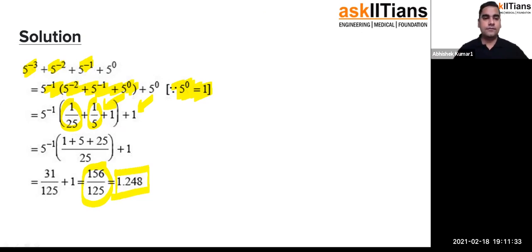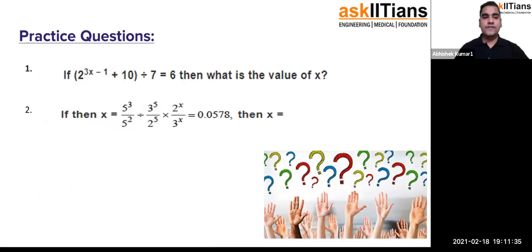Now we have two questions which you have to do as homework, guys. These are the practice problems for you. The first problem says, if you have the expression 2 raised to the power 3x minus 1 plus 10, divided by 7, and after division you are getting 6 as the value, then you have to find the x which satisfies this equation.